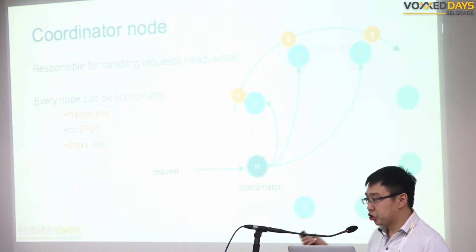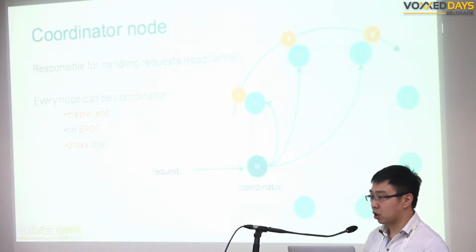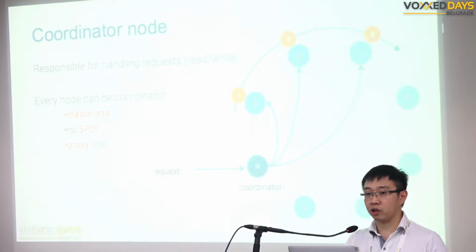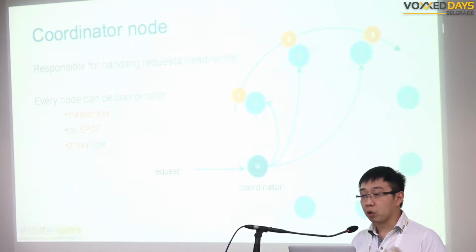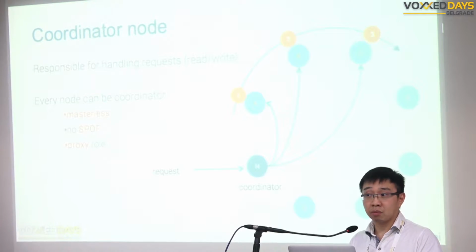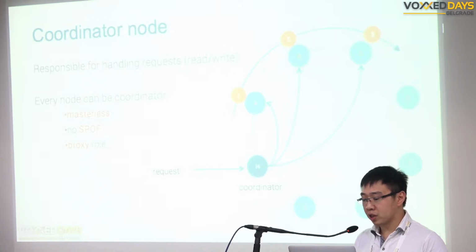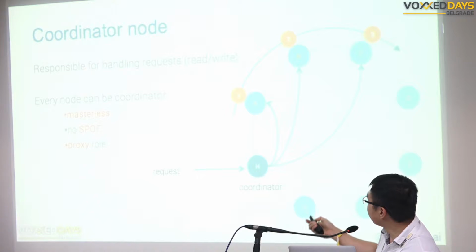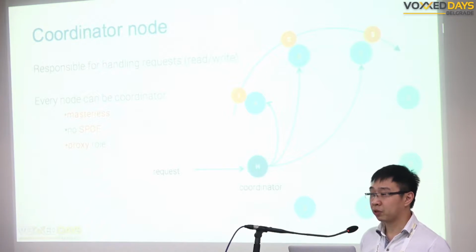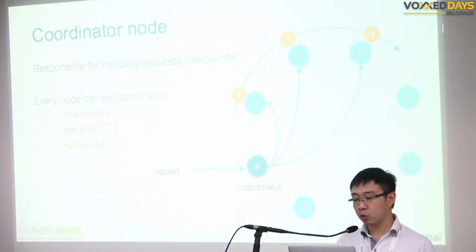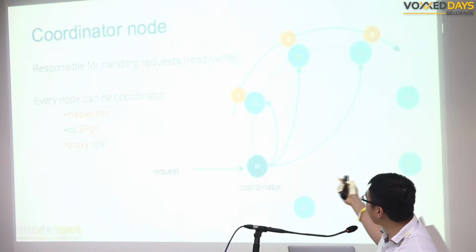Because each machine in the cluster knows the topology and the token ranges, the coordinator will compute the hash function based on the partition key you are giving. And it knows that it needs to distribute the data here and here and here, because we replicate data 3 times, replication factor 3. So it will distribute the data to 3 copies.